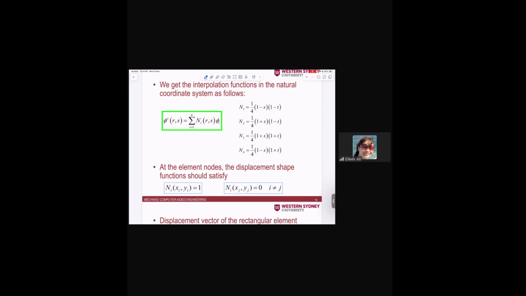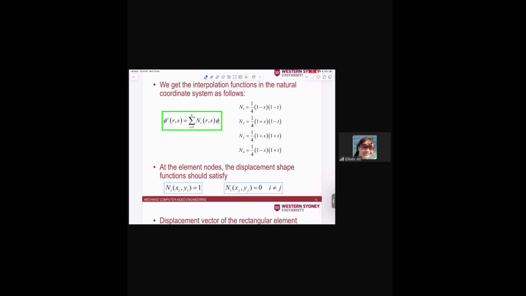Say for triangle, we have 3 nodes, then we only have 3 shape functions. For rectangular, we have 4 nodes, of course, we have 4 shape functions. Later, we will discuss the higher order one.